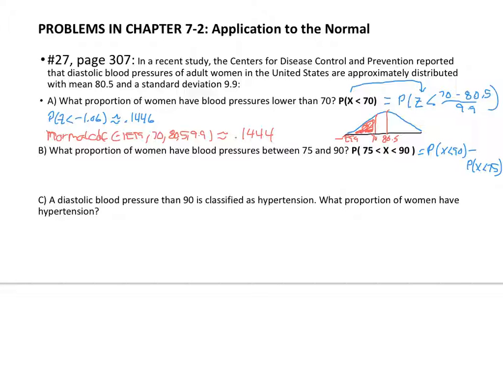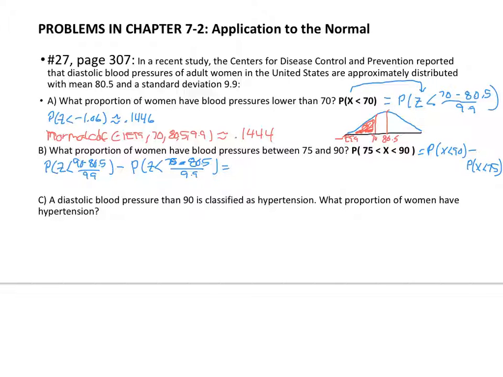Now we can transfer to a z variable. So when we do that, we have the probability that z is less than 90 minus 80.5 divided by 9.9, minus the probability that z is less than 75 minus 80.5 divided by 9.9.